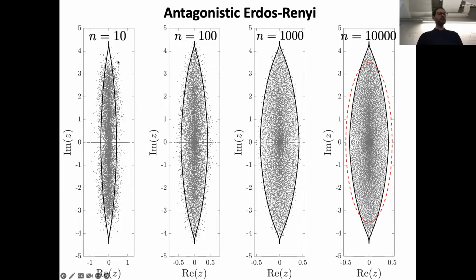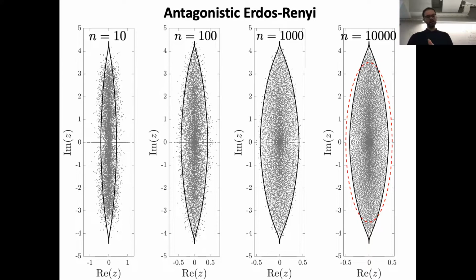For a 10 by 10 matrix, of course, we have diagonalized tons of matrices, so this is a collection of 1,000 matrices, something like this. On the other hand, for 10,000, this is one matrix that has been diagonalized. The solid line follows from the theory, and this is the boundary predicted in the infinite size limit.